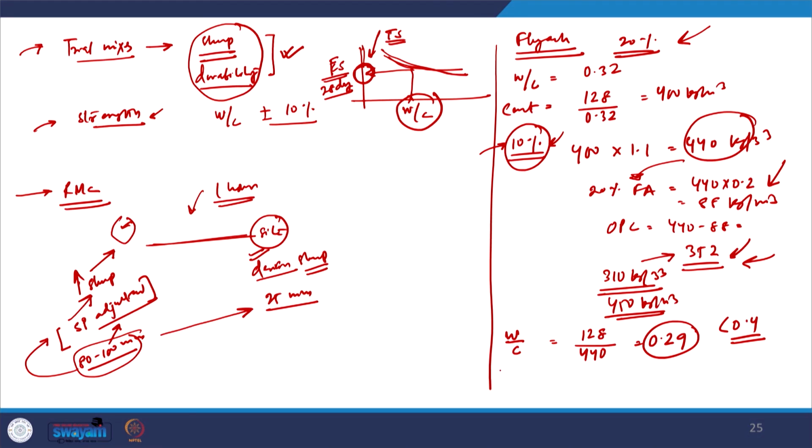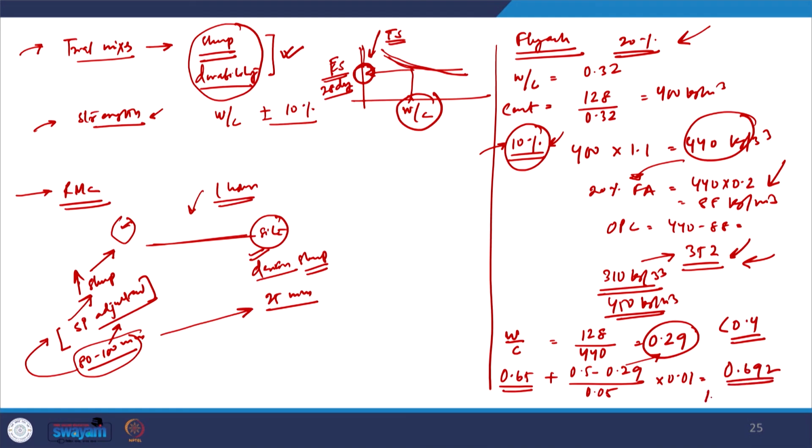For example, when calculating the proportion of coarse aggregate, it was 0.65 as per the table, but now you have to do the adjustment corresponding to 0.29 and not corresponding to 0.32. So, this becomes equal to 0.5 minus (0.32 minus 0.29) divided by 0.05 into 0.01. So, this becomes equal to 0.692.